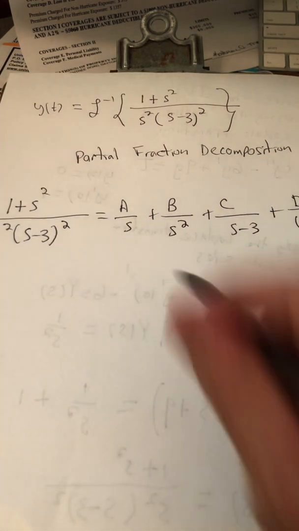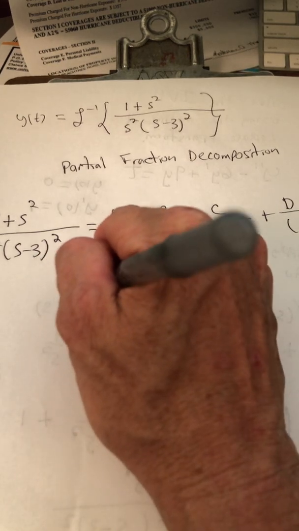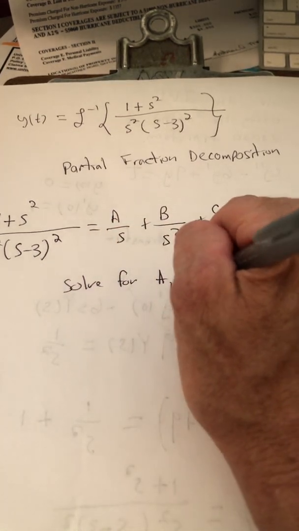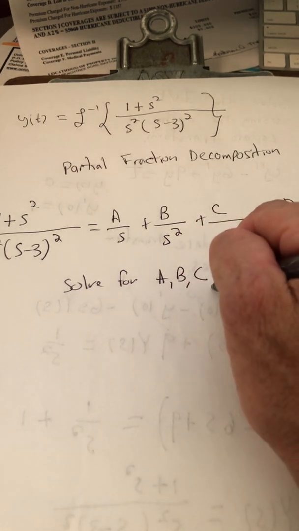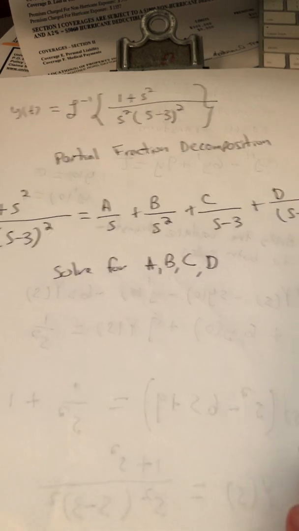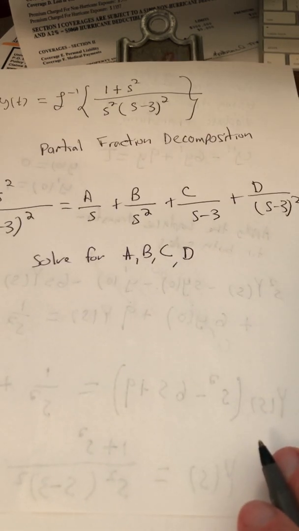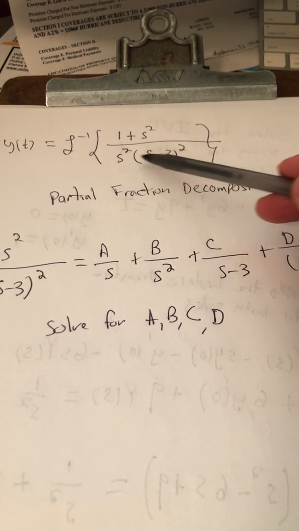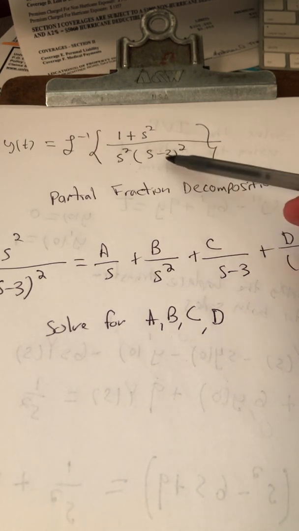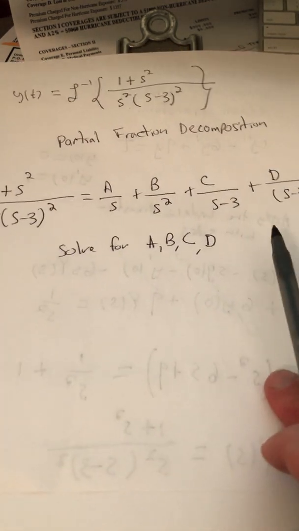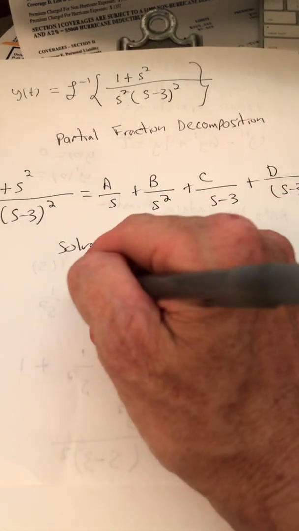So you now have to solve for A, B, C, and D. Because what we have here, again, are repeated linear factors. Okay, that's how we ended up with this breakdown. Now I'll let you go ahead and do the algebra.